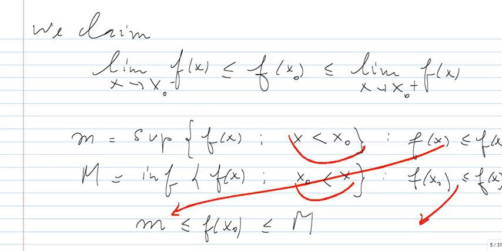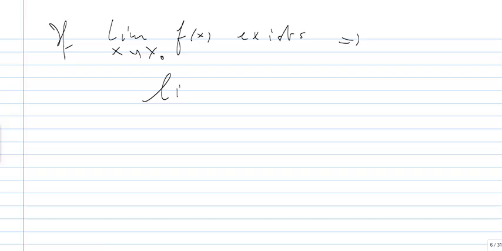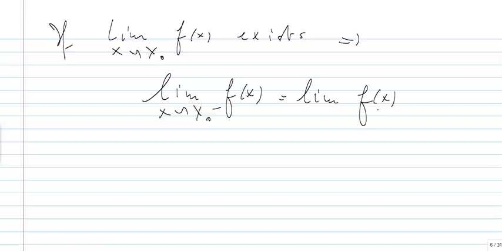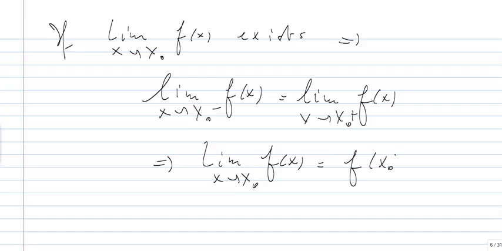So what happens if you have a limit? If the limit of f of x when x goes to x0 exists, then in this case the left limit is equal to the right limit, equal to that limit, which implies that because f of x is squeezed between the two of them, the limit of f of x when x goes to x0 is exactly f of x0.